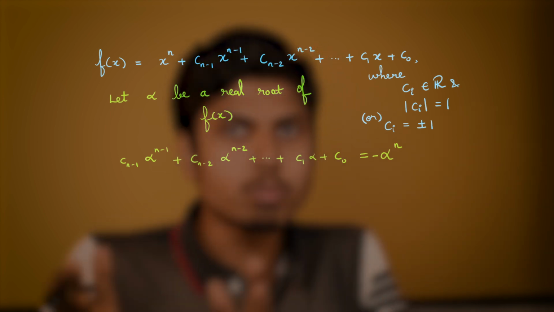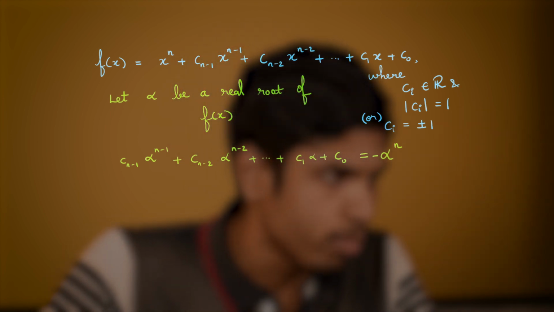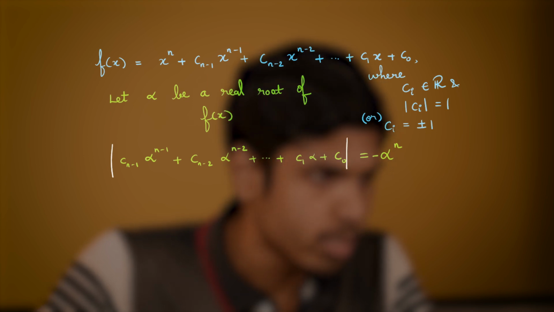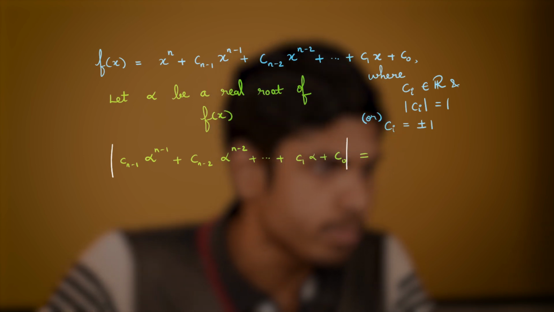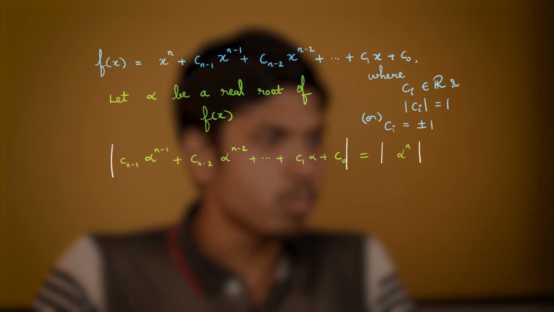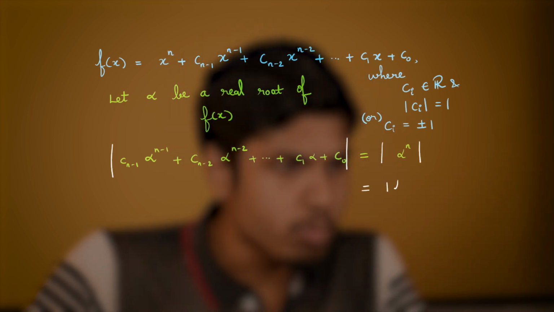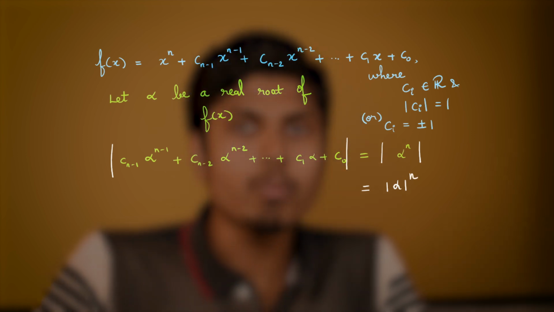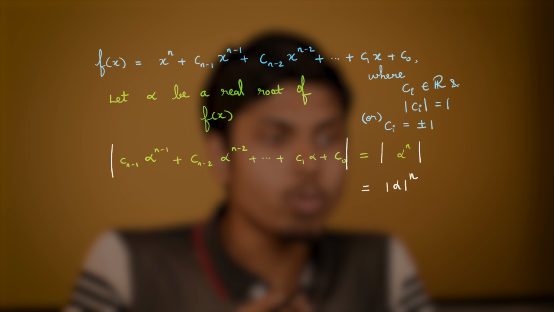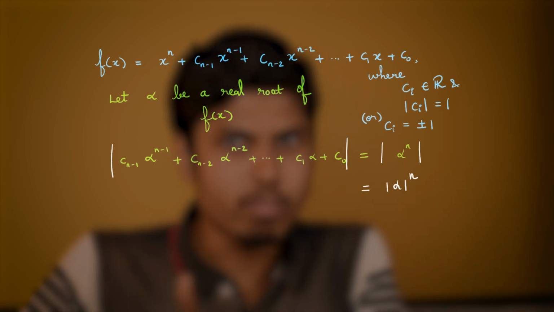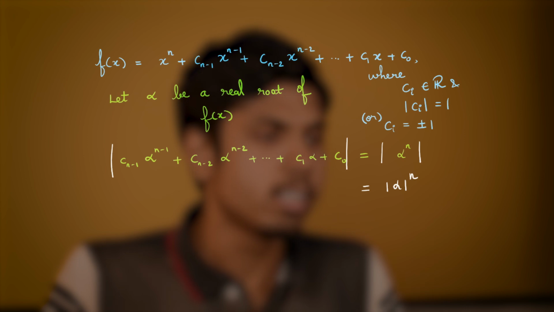Now take modulus both sides and you get the following. If you take modulus, the negative sign in the RHS can be removed. And now we know that mod of alpha^n is mod alpha to the power n by the properties of modulus. We know that modulus can be separated with multiplication and can be considered individually.